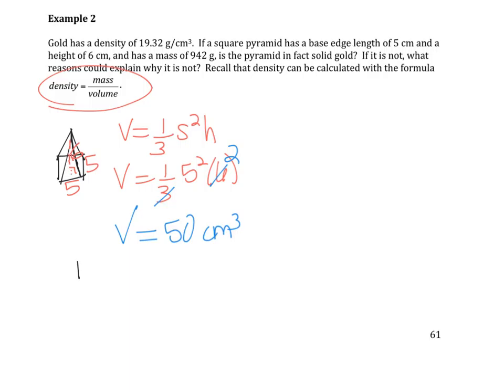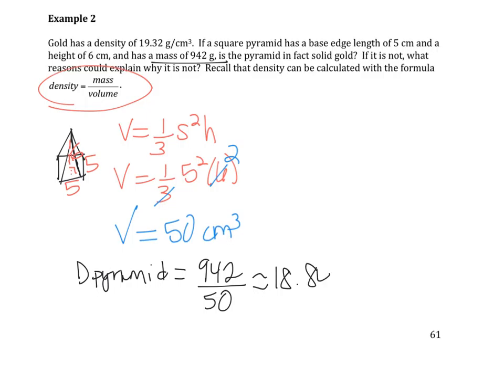So using the density formula for the pyramid, that's equal to mass, which we were given, 942, divided by 50, and that's equal to about 18.84.